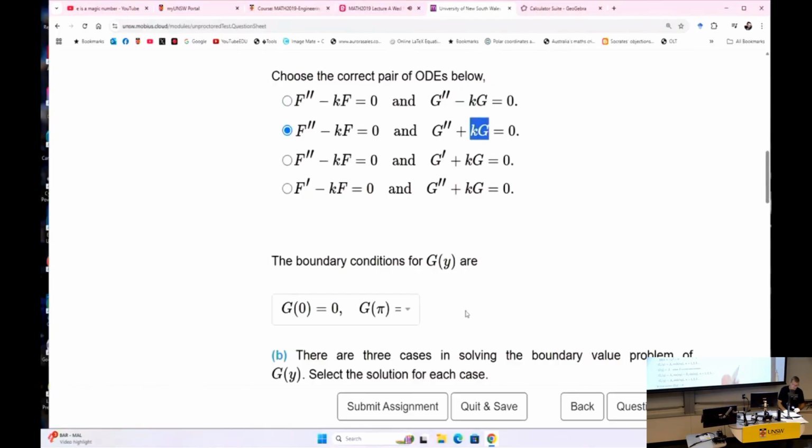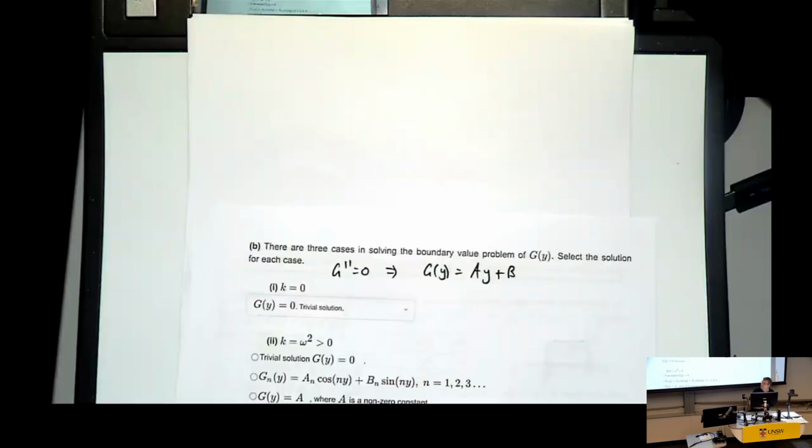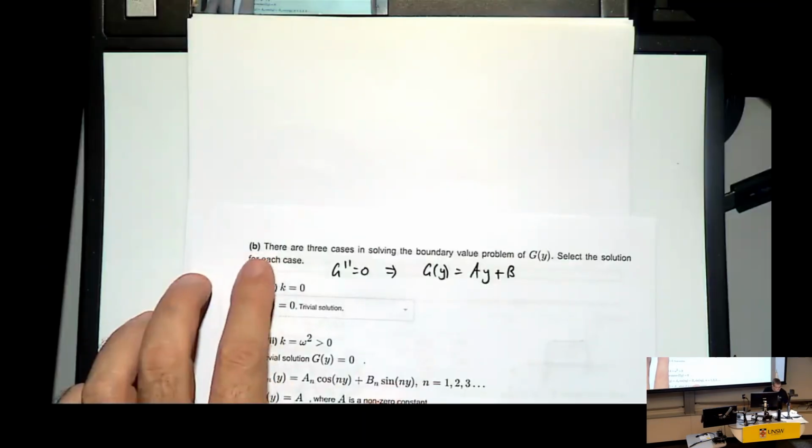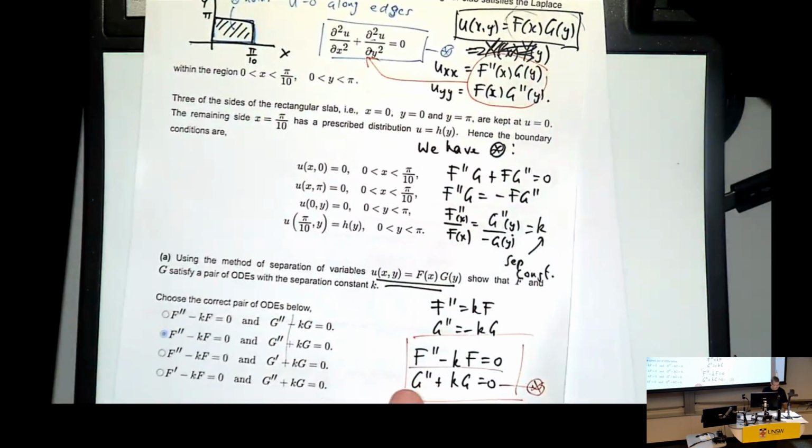So, for this case, k equals 0, this problem becomes g double prime equals 0.